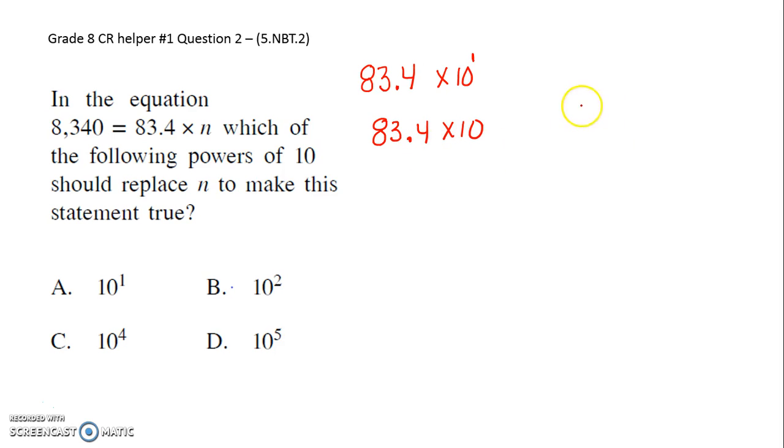So now I'm going to actually multiply these vertically instead of horizontally. So 83.4 times 10. If you need, you could do 0 times 4 is 0, 0 times 3 is 0, 0 times 8 is 0. Then we'll put a 0 as a placeholder because this moves over to the tens place.